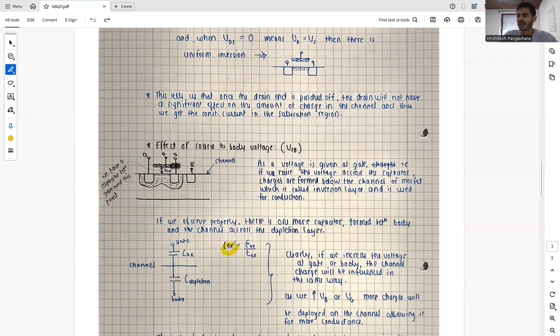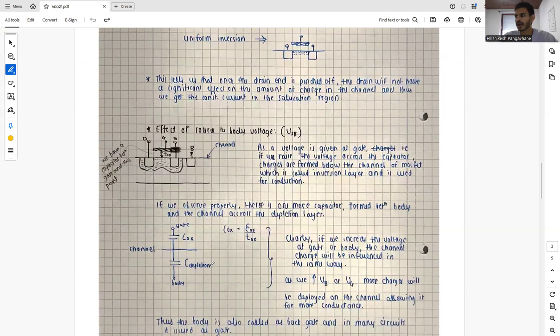Cox is nothing but epsilon ox divided by the thickness of the oxide, Tox. Clearly, if we increase the voltage at the gate or body, the channel charge will be influenced in the same way. As we increase the body voltage or the gate voltage, more charges will be deployed at the channel, allowing for more conductance.